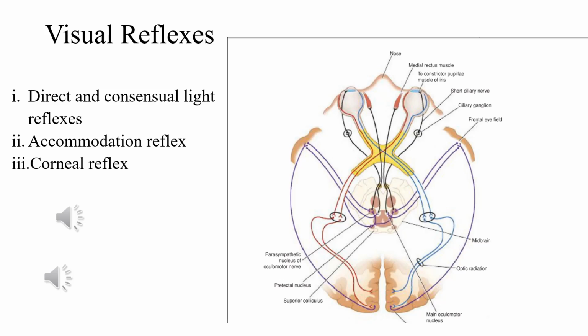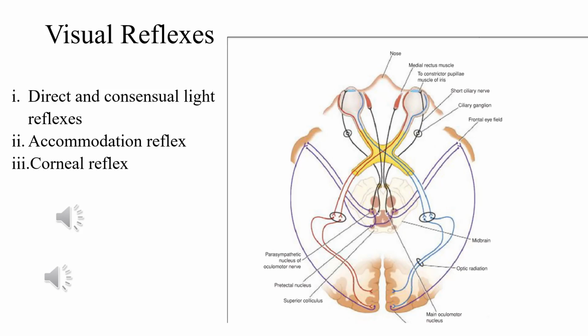So while passing around the cerebral peduncle, some of the fibers from each optic tract will pass on to the pretectal nucleus, which is present near the superior colliculus in the midbrain. From there, these fibers will then synapse with the parasympathetic nucleus of the oculomotor nerve, which is also present in the midbrain, and this is called the Edinger-Westphal nucleus.